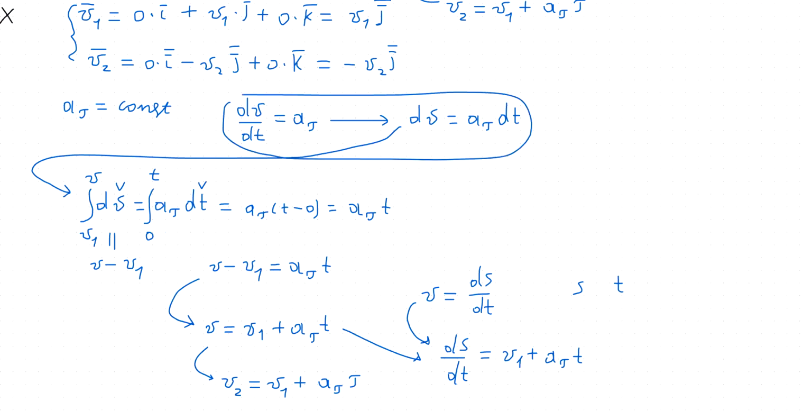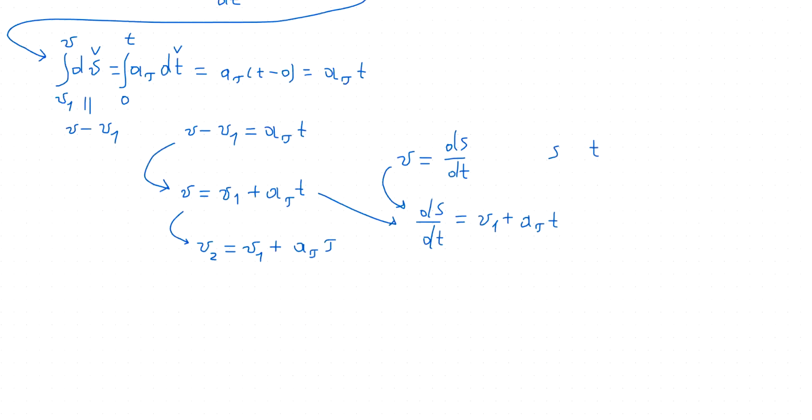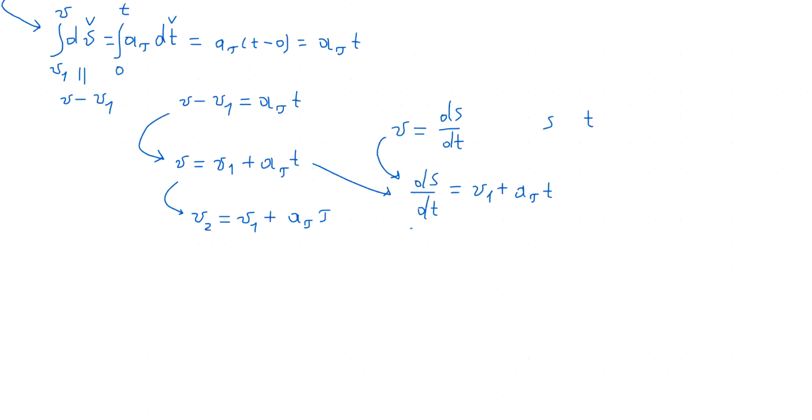Just go to the opposite of the equation. So it must be v multiplied by dt equals ds, distance. Just multiply the left and right sides of the equation by dt.